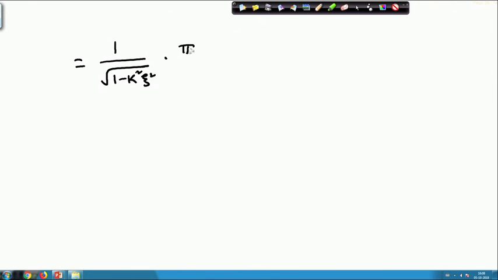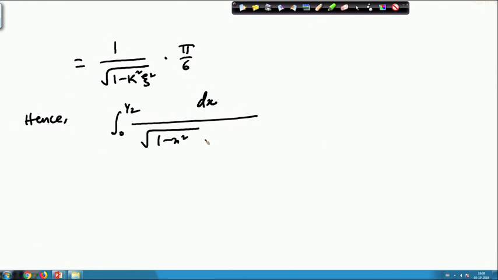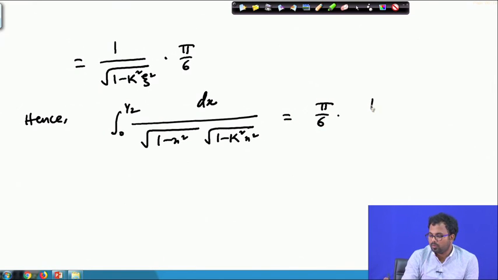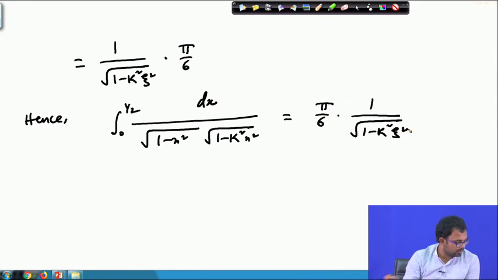So I write it as pi by 6. Hence the integral from 0 to half of dx divided by square root of (1 minus x square)(1 minus k square x square) is equal to pi by 6 times 1 by square root of 1 minus k square xi square.